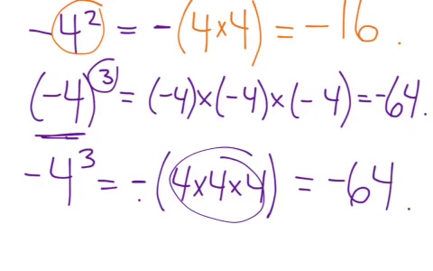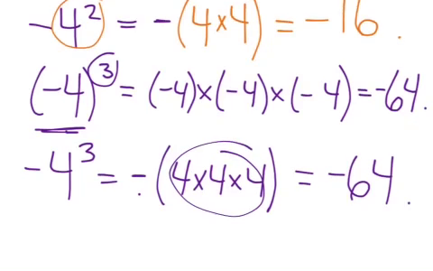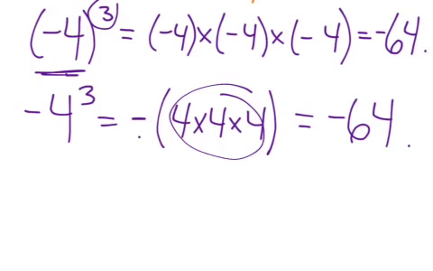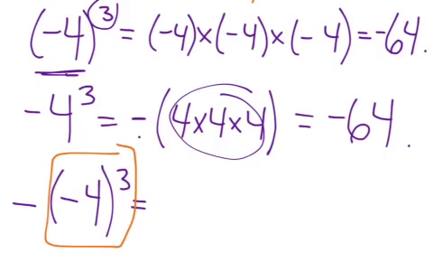Alright, here's the last one, my favorite of them all, -(-4) to the power of 3. Okay, now the easiest way I think to solve this is first figure out what this is. So we actually already did up here.